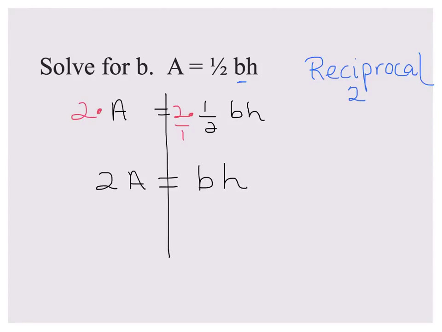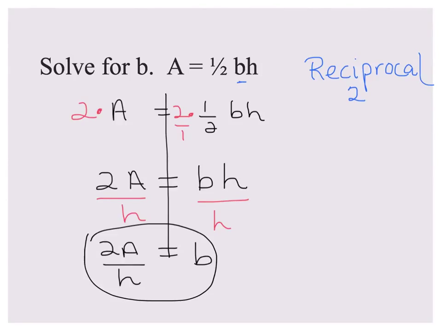So we're left with 2 times A equals b times h. Now, we need to move the h away from the b, so we do the opposite operation, and we divide by h on both sides. So we're left with 1b equals 2A over h. This is our solution.